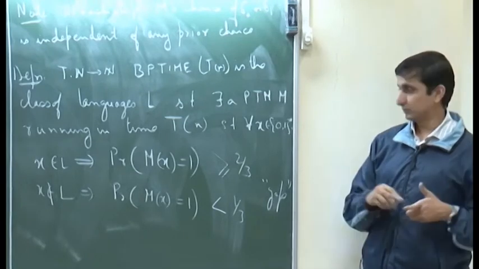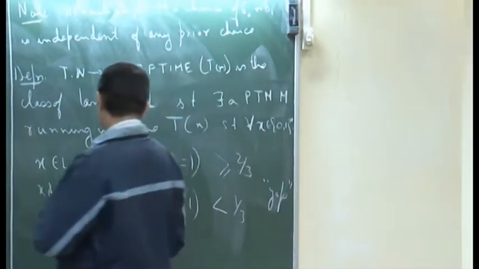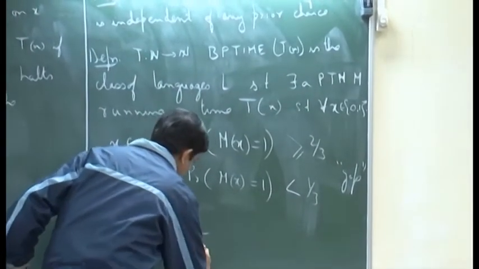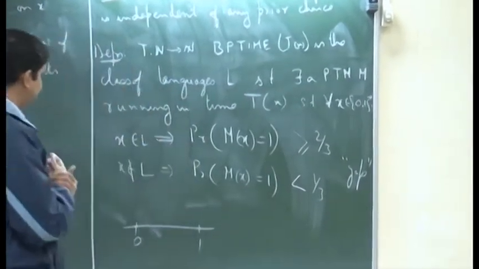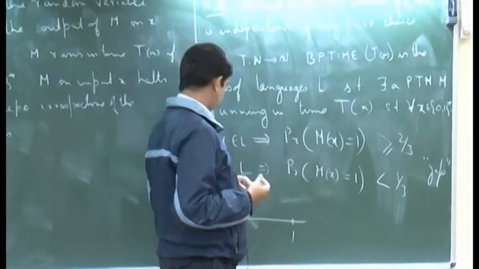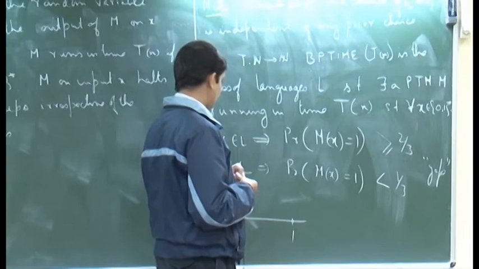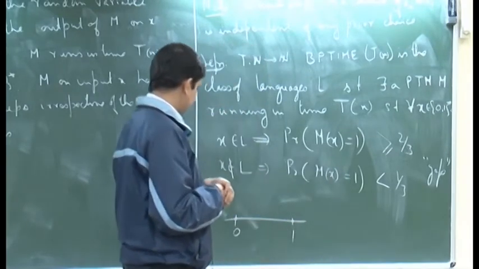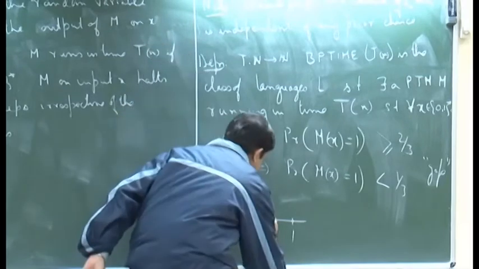So, if you look at the number line between 0 and 1, these are the probabilities by which M of x accepts or rejects, and we have half.